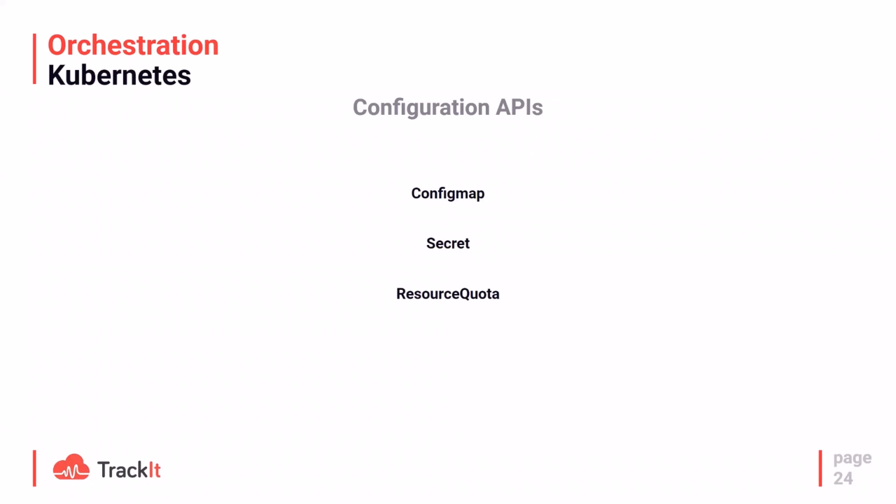So if you have different objects, config maps and secrets, you can give access to config maps and not secrets, or the reverse. That's really useful. Resource quotas are just resource quotas, but for namespaces. So you can say that a specific namespace can only use half of your CPU on each node.